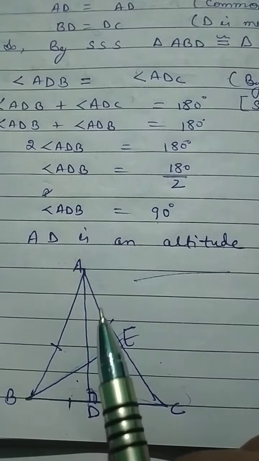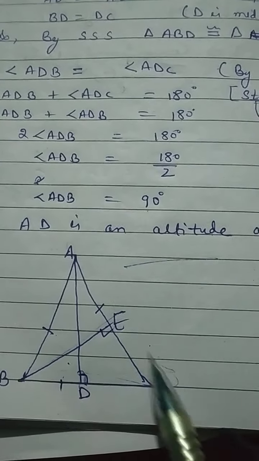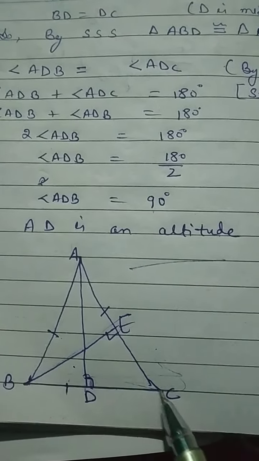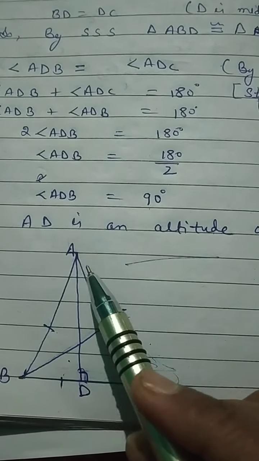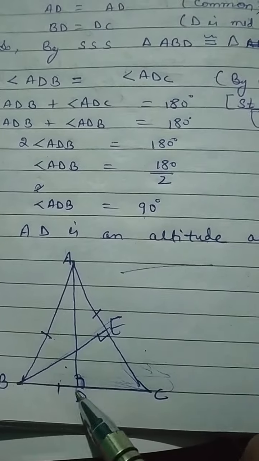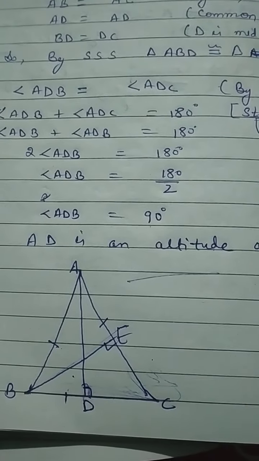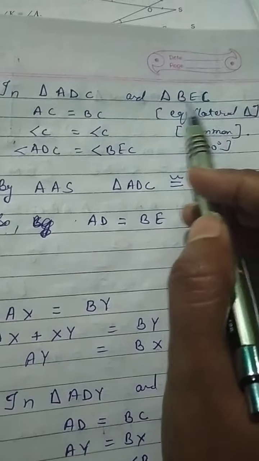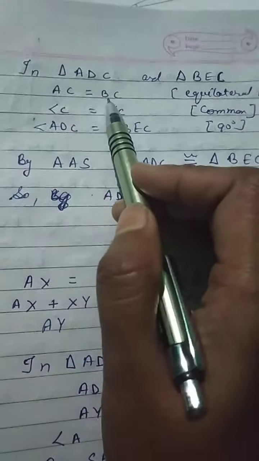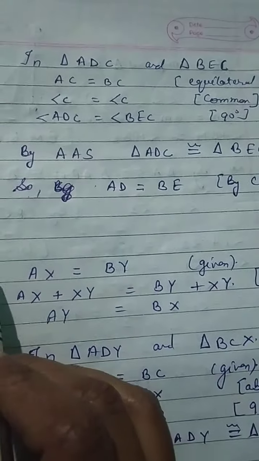Just see, if we make triangle ADC and triangle BEC congruent, then can we write AD is equal to BE by CPCT? Yes. So we are going to make these two triangles congruent. So in triangle ADC and triangle BEC, you will write AC equal to BC because it is an equilateral triangle.